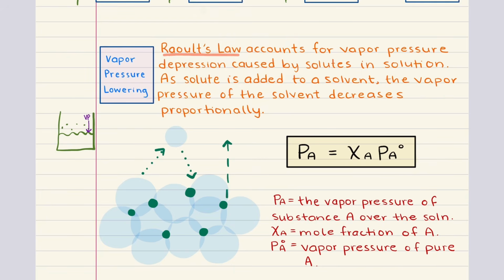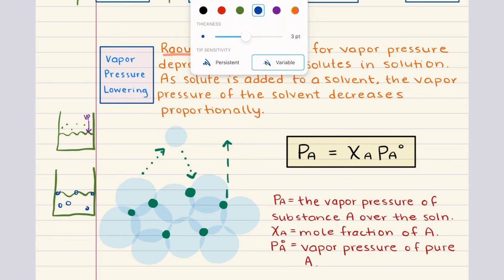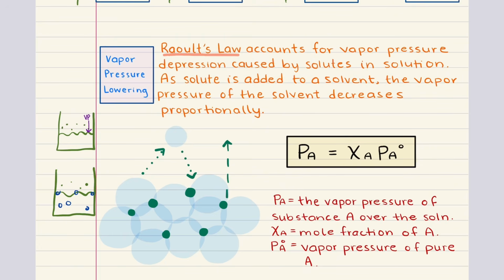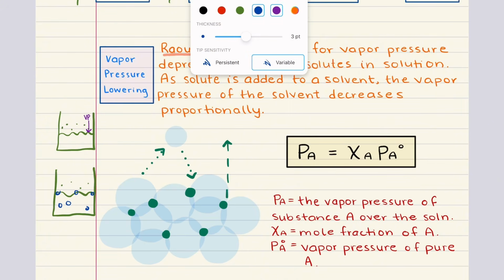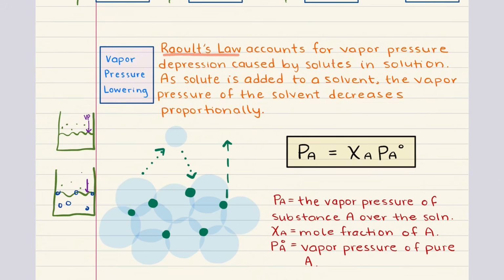Now imagine dissolving a solute into the liquid. Some of the surface is now going to be occupied by solute particles. That means fewer solvent molecules are available at the surface to escape into the gas phase, so the vapor pressure decreases.